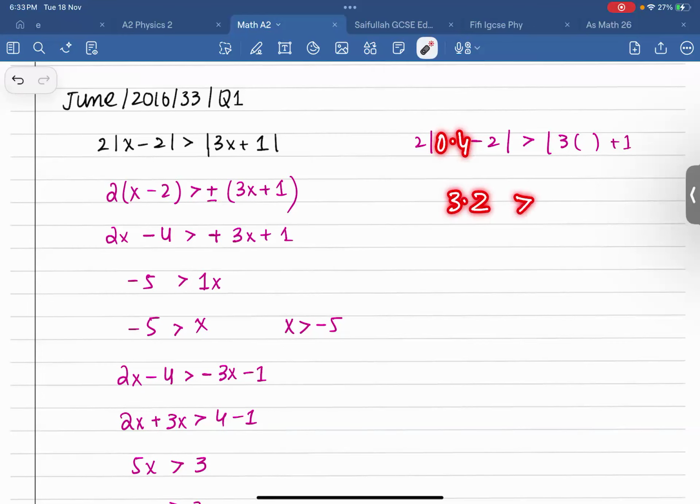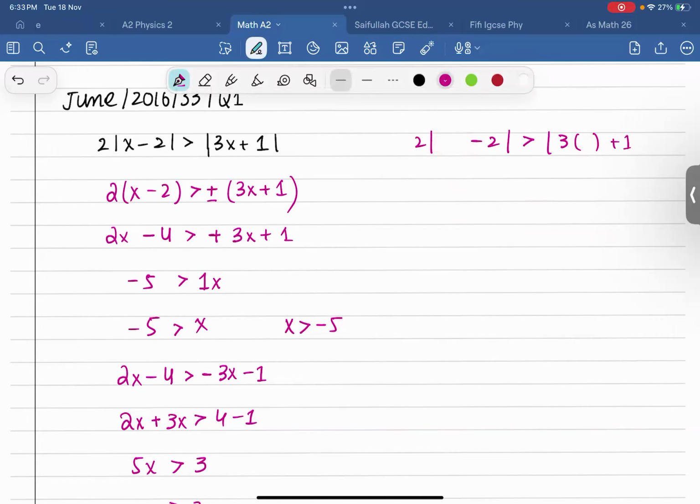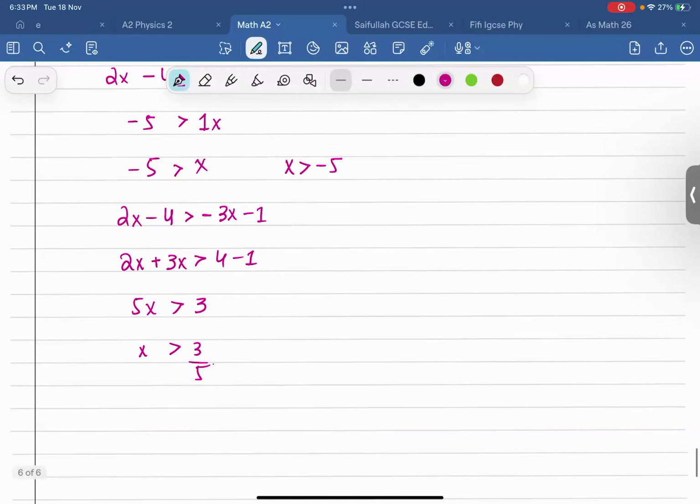And greater than 0.4 here, times 3, 1.2 plus 2, 2.2, right? So 3.2 is greater than 2.2, which means everything is smaller than this, right?